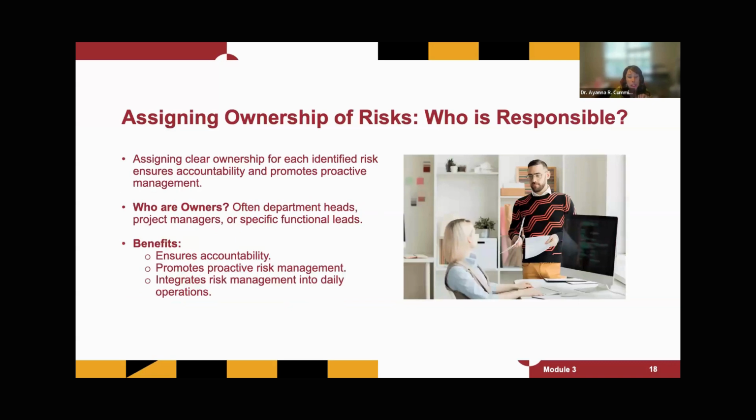As we assign ownership of risks and determine who's responsible, we've got to be clear about who we identify as risk owner to ensure that our accountability measures are properly assigned and to promote proactive management.